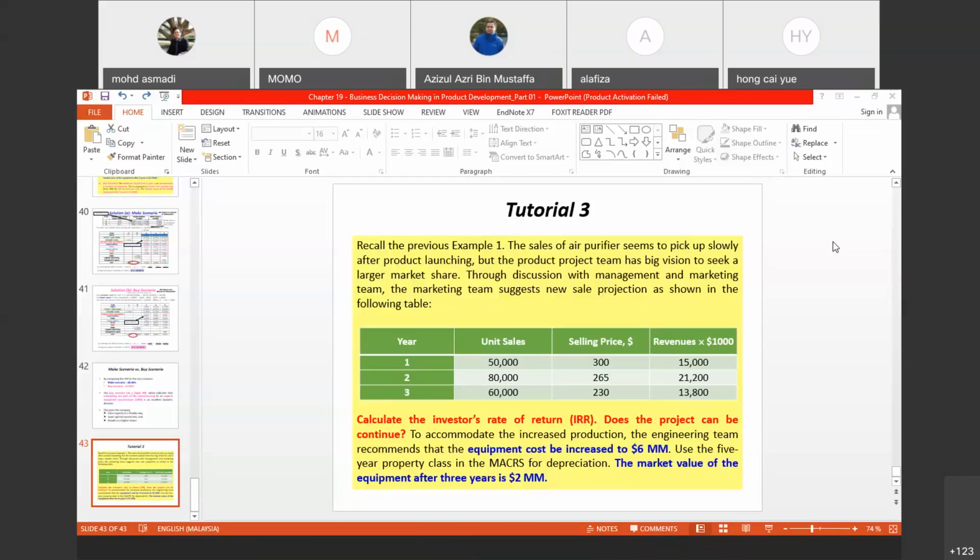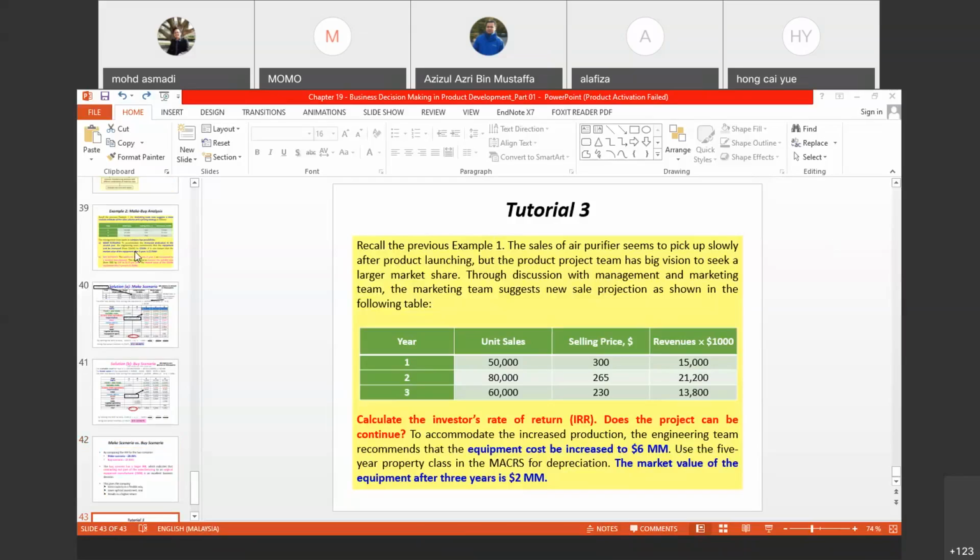Just follow the previous example, this example too for the make scenario.